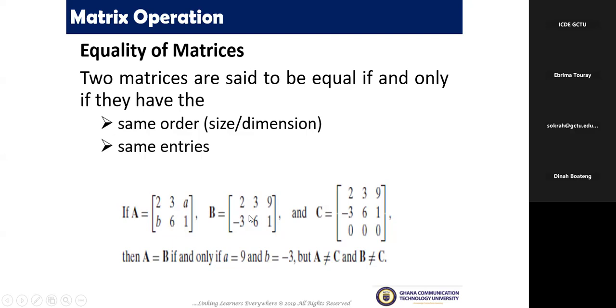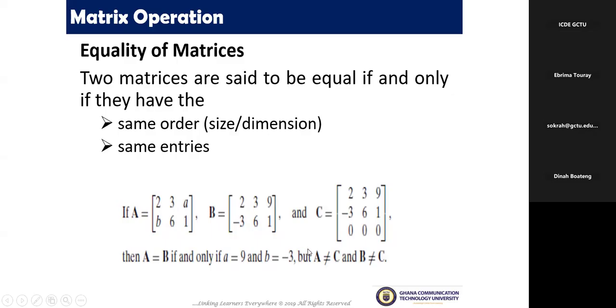Then you can say they are the same. If you check B here, this variable B must be equal to -3 because they are found at the same position. Then 6 equals 6, 1 equals 1. So this is how you identify equal. So you can easily say that the two matrices A and B are equal.